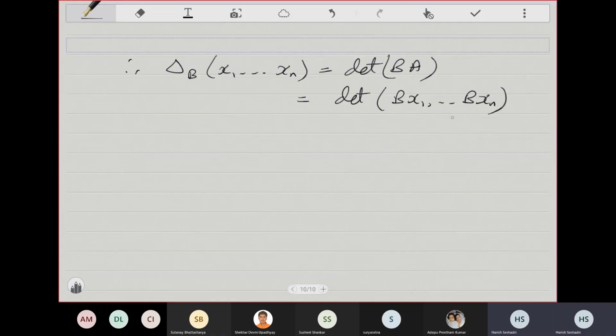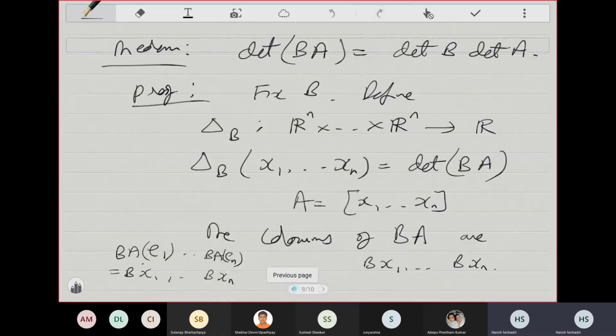But this way of writing things makes one thing clear, which implies that this function delta B has properties. See, we proved 3 properties about the determinant as a function of n vectors.